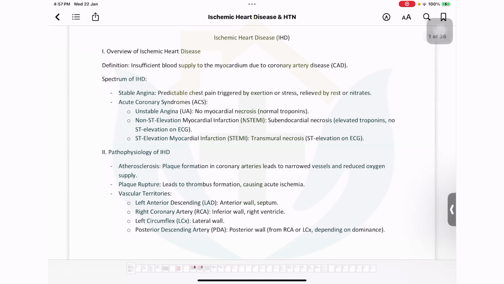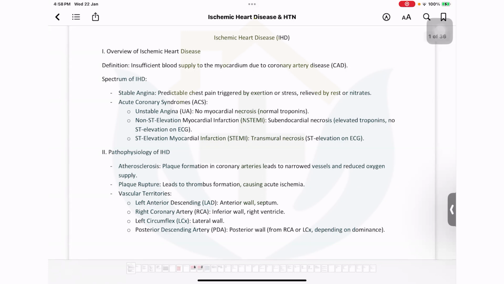That is unstable angina. Now, if the occlusion has occurred and caused necrosis of the myocardium, that is known as ST elevation MI, STEMI, where there is transmural necrosis. ST elevation is seen in the ECG. We will try to understand which leads are important to demarcate the territory involved.